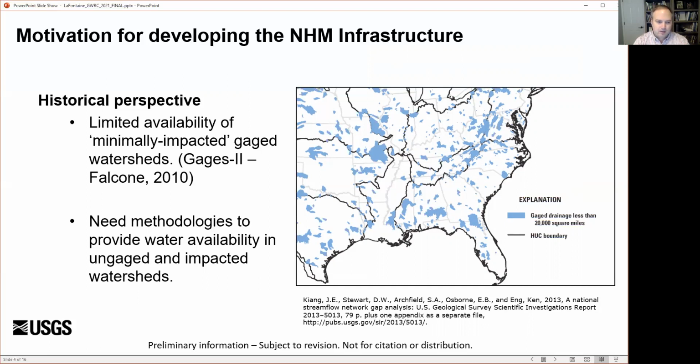So we need methodologies to provide water availability in ungauged watersheds or during ungauged time periods. With the stream gauging network that USGS currently maintains, stream gauges operate for a certain amount of time and then are discontinued, and others can pick up in different places. So we use models to fill both spatially as well as temporally, and that is how we do that across the country.